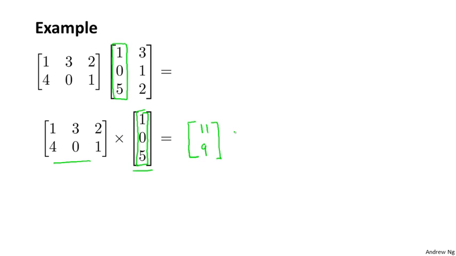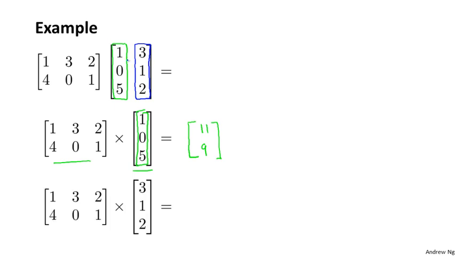And then the second thing I'm going to do is pull out the second column of this matrix on the right. And I'm then going to take this matrix on the left and multiply it by that second column on the right. So again, this is a matrix vector multiplication step, which you saw from the previous video, and it turns out that if you multiply this matrix and this vector, you get 10, 14.